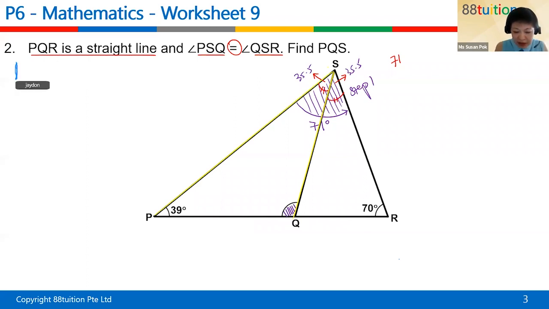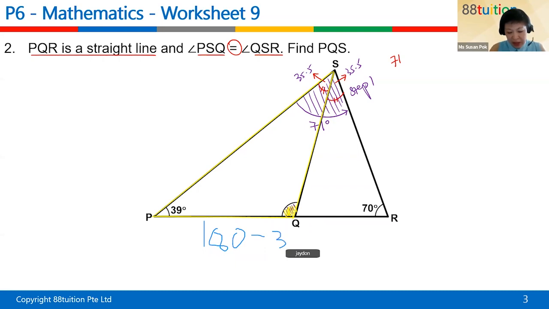How can I find the third angle here? Jaden, can you help me with this? How to find this third angle now? 180 minus 39, very good, minus 35.5. Very good, thank you, Jaden.